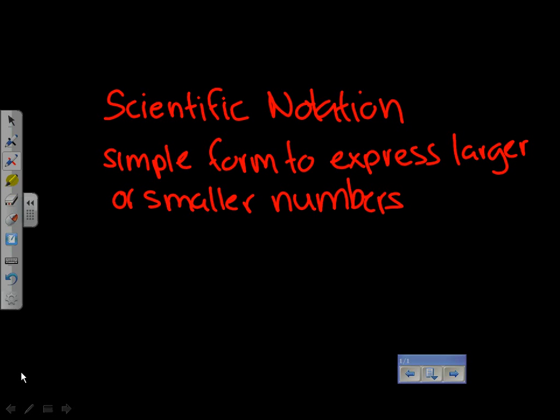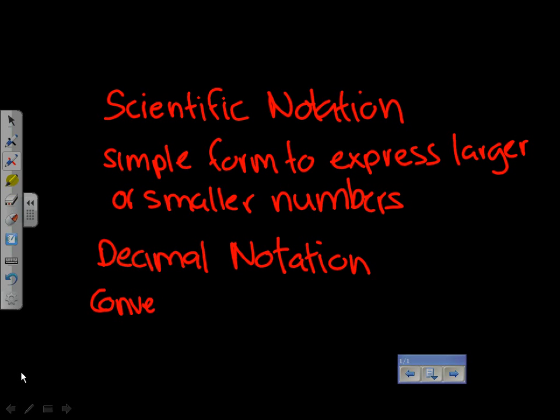Now, the traditional format for writing numbers follows that of either decimal notation or conventional notation.